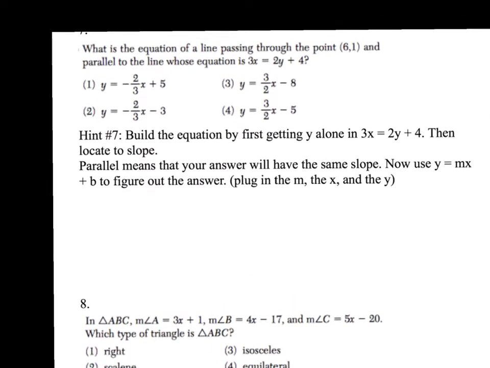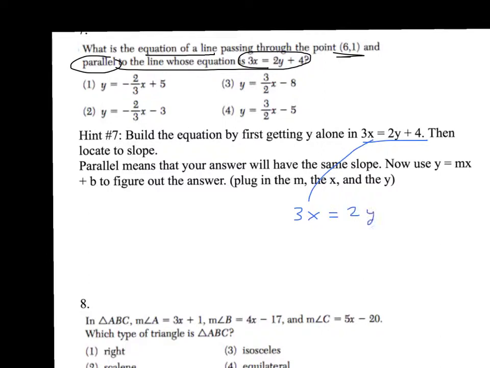Okay, looking at question 7, they're asking us to build an equation that will be parallel to this equation here. And it has to go through the point 6, 1. There's a few ways to work the question out. I think the easiest way is just to follow my hint and get y by itself in the equation that they gave me.